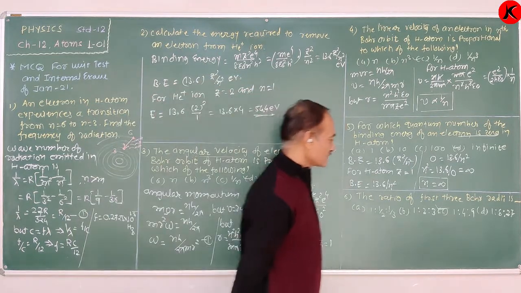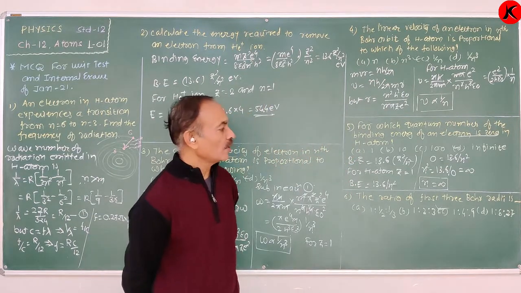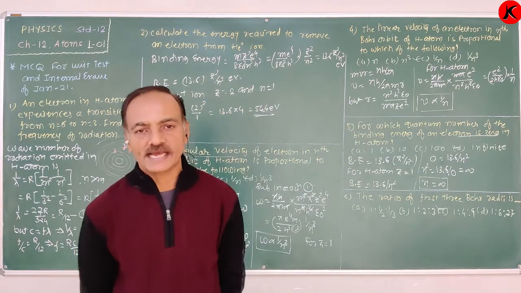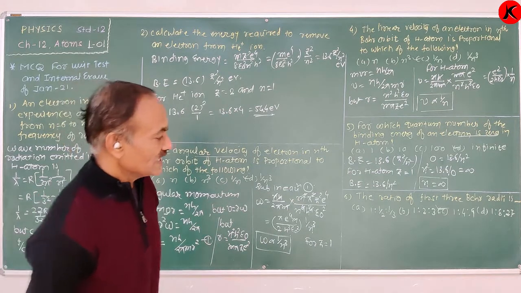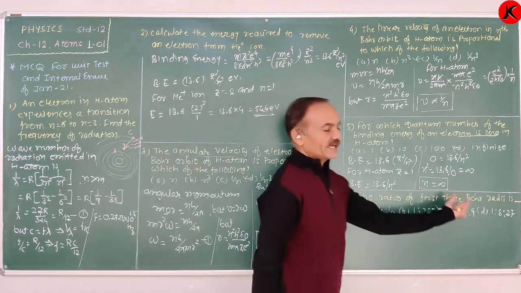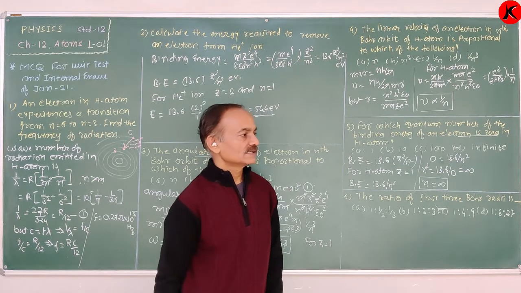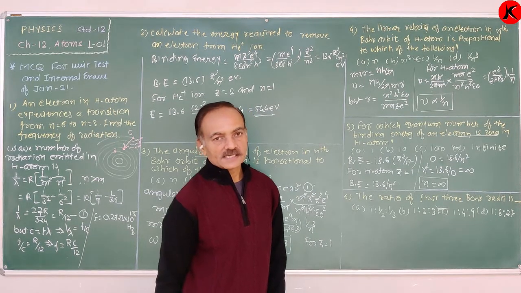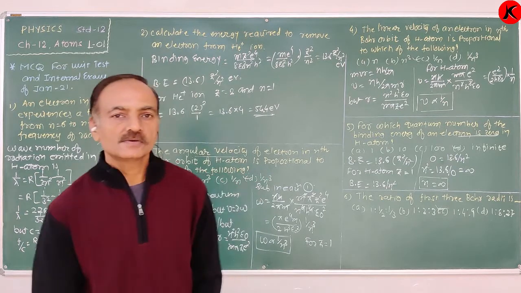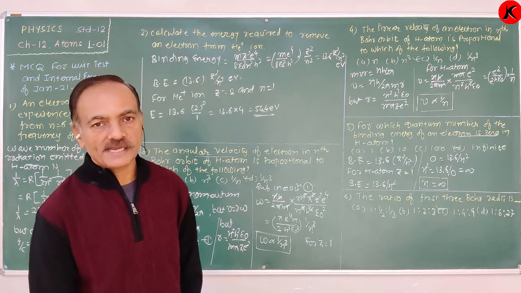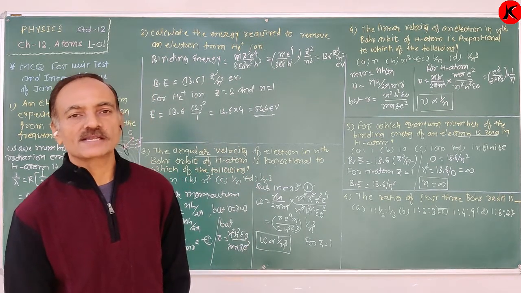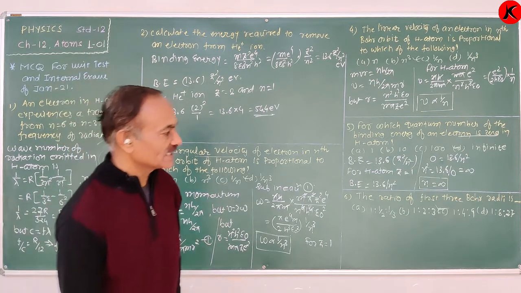Now next: the ratio of the first three Bohr radii. What is the ratio of the radii of the first three Bohr orbits? For that purpose, we have to find the ratio for the first three orbits, that means the quantum number n is equal to 1, 2, and 3.